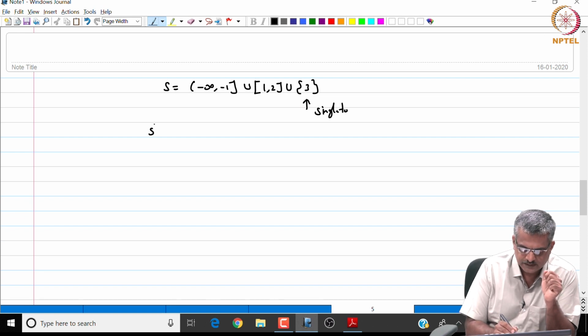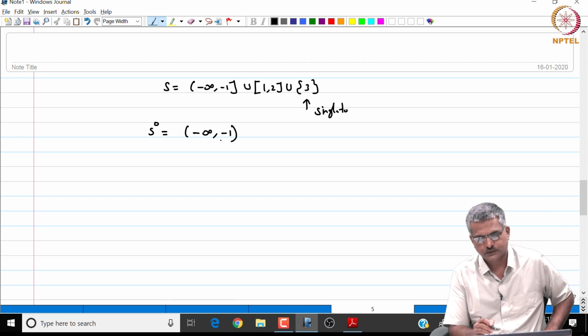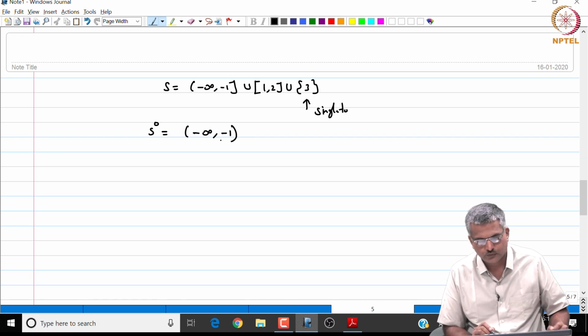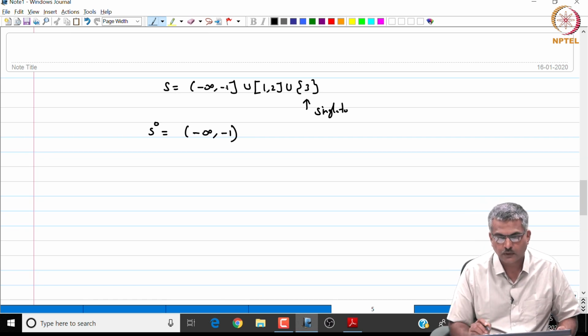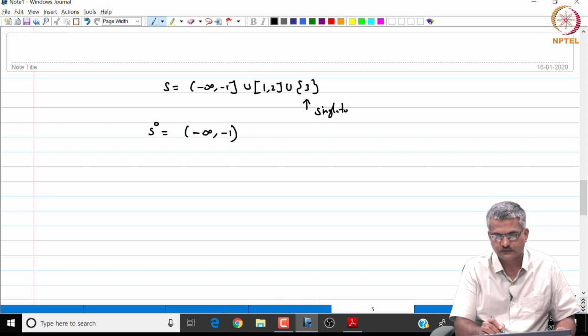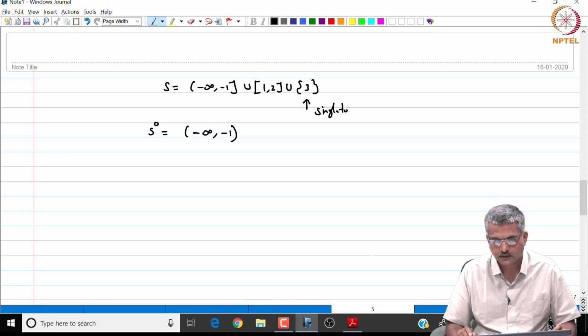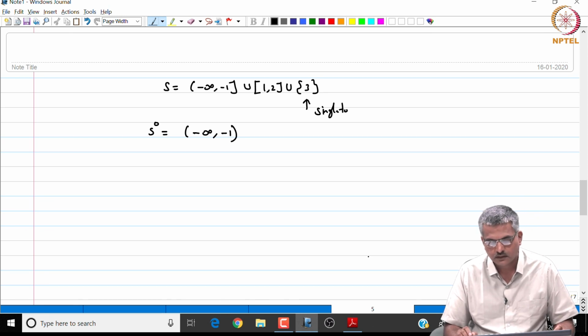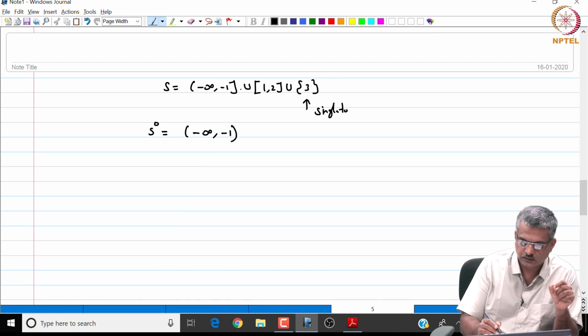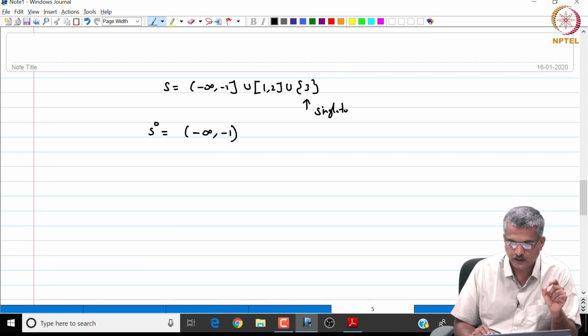So, S interior should contain all points from minus infinity to minus 1, open at minus 1, because if minus 1 qualified to be an interior point, then any ball around it would be contained in the set, but minus 1 does not qualify to be an interior point.